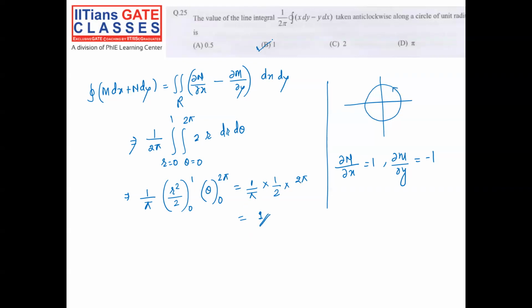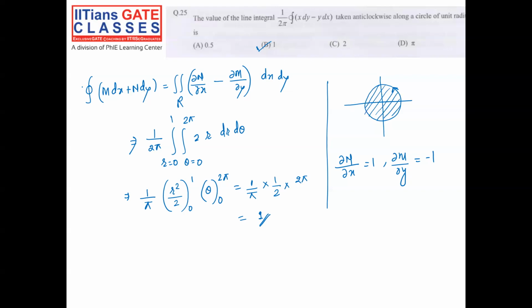Okay, so the major trick here is to apply the Gauss theorem to convert the line integral into the region integral. So this is the shaded region, the region which is bounded inside the closed line or closed loop, because whenever they use this integration symbol with a circle inside it, it means it's a closed curve.